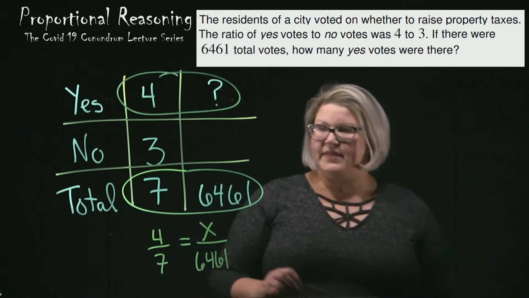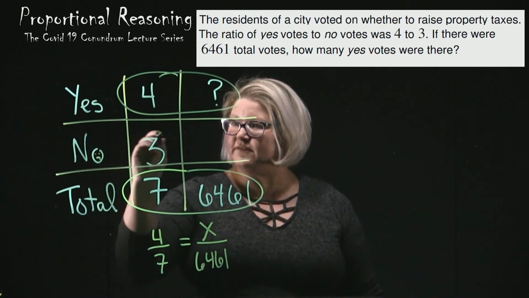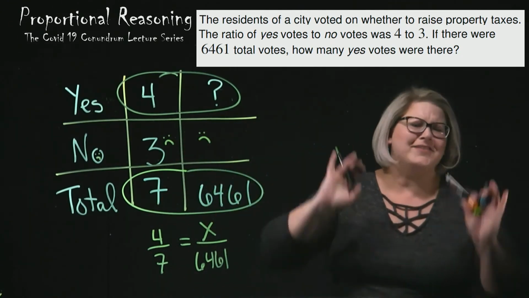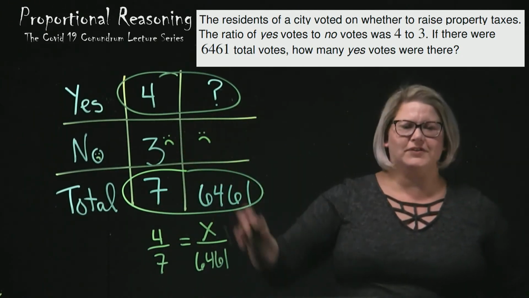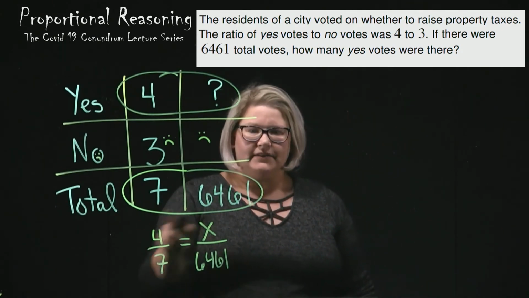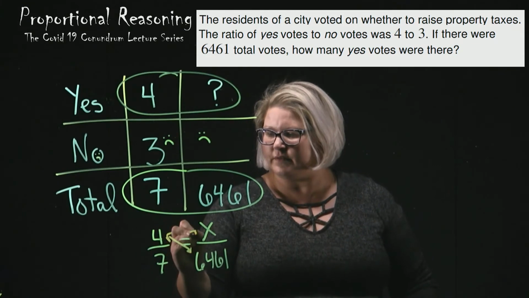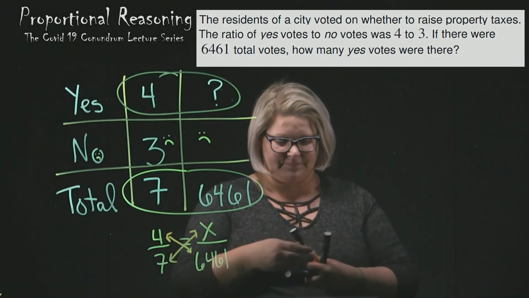Again, notice that my no votes, this value here, this is a trick value. I'm not even going to use it. They're just dangling it out there to see if you'll take a bite. All right, let's go ahead, set our cross products equal to each other, and see what we get.